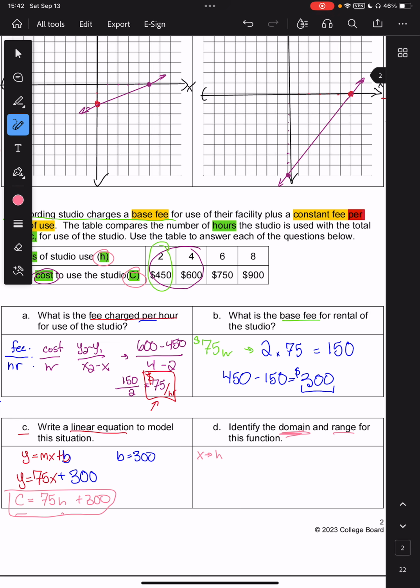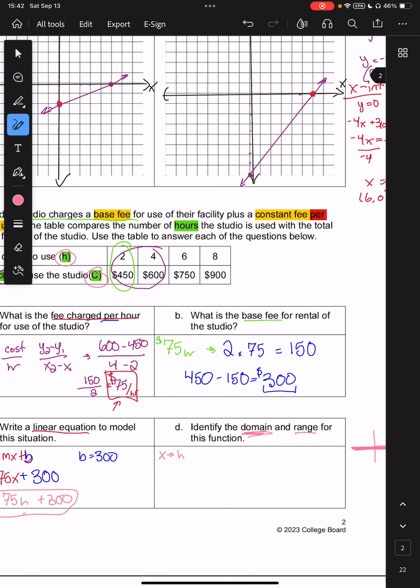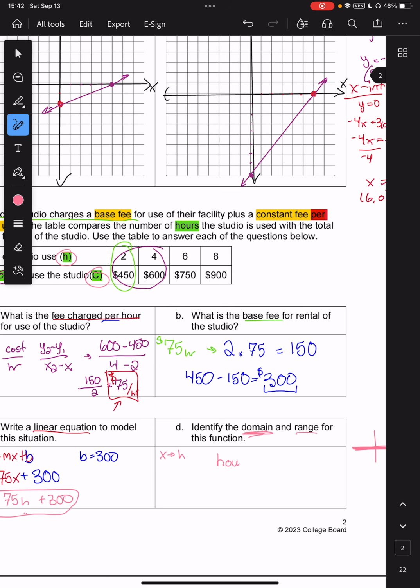So can we have negative hours in a problem? In this problem specifically, can we have negative hours that we use the studio for? We can't. So when we write our hours, it always has to be greater than 0. It cannot be equal to 0. We can't have negative time and we can't have 0 time.